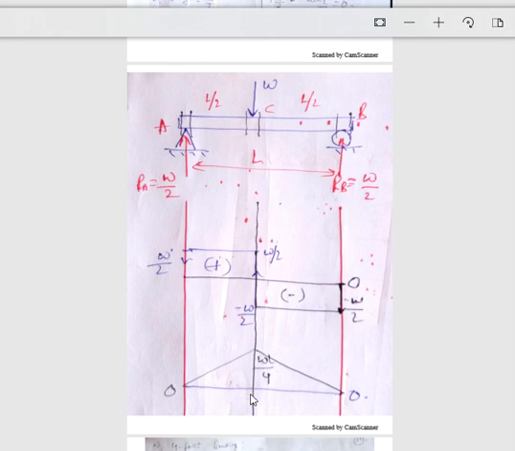So at this cross section, the center cross section, the bending moment will be maximum and the bending stress will also be maximum. That means this section is critical, so we need to do the calculation for the critical cross section. That is why we take this bending moment as WL by 4 while calculating bending stress in our lab.